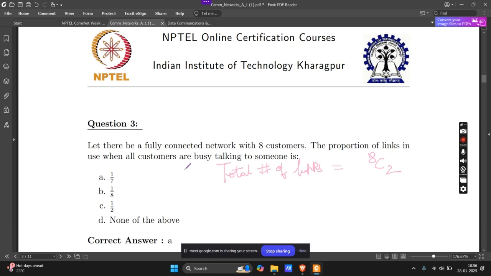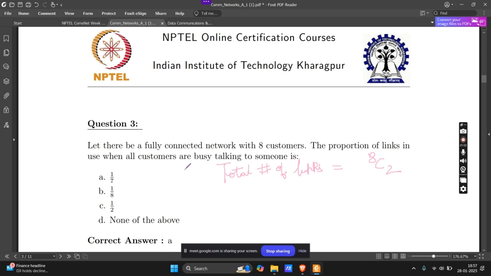So A is talking to B and C is talking to D. If A is talking to B, how many links are required? One. Between A and B, that link is required for them to talk. If C and D are talking, then another link.